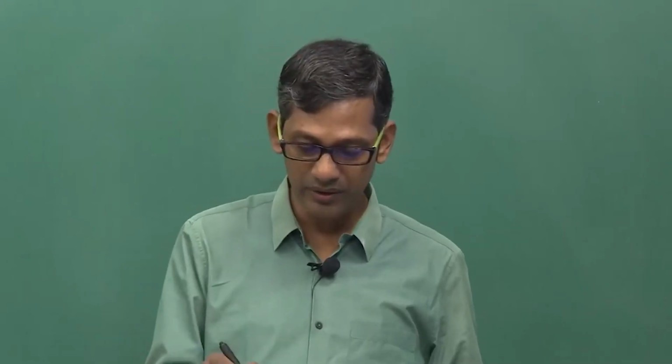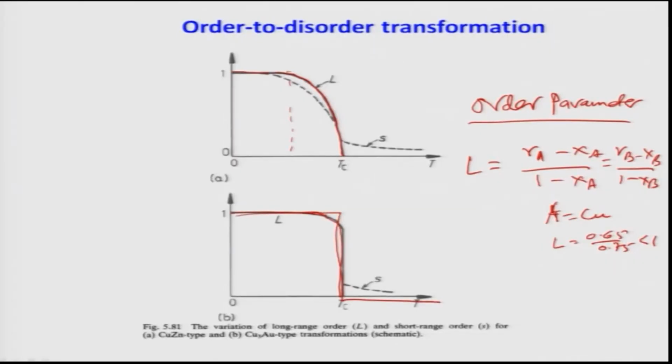There is a discontinuity of the order parameter L, but in the other case the order parameter never has a discontinuity at the transformation temperature, you can see it is slowly decreasing. So, there is no jump of the order parameter, that is why it is called second order ordering, and this one is called first order ordering transformation.